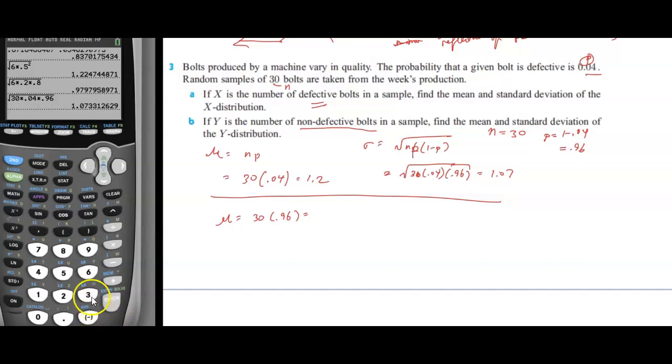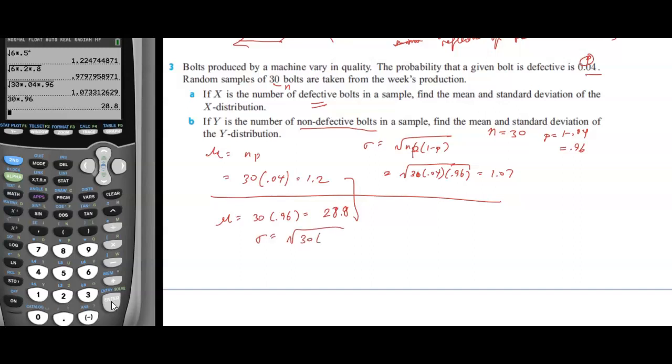So that would be 30 times 0.96, and that would be 28.8. Makes sense that these two add up to 30, right? And then last of all, the standard deviation is going to be the square root of 30 times 0.96 times 1 minus 0.96, which would be 0.04. Look, it's the same. We'll get 1.07 for both.